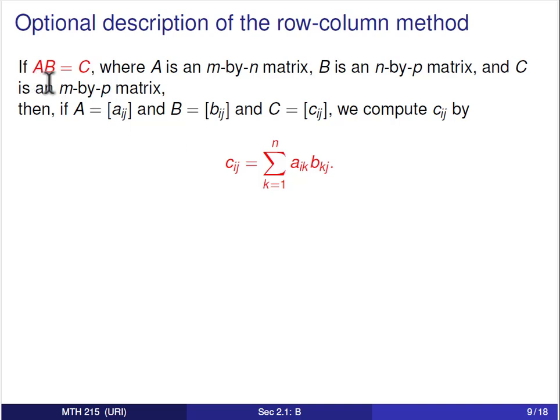If we know that matrix A times matrix B equals matrix C, and if we use the little a, little b, and little c to indicate the entries of A, B, and C, then to figure out a particular entry of C, namely the entry in row i, column j, what we're going to want to do is multiply numbers from row i of the matrix A and column j from the matrix B, and the number of things there will be as many numbers as there are columns in A. That number is n, remember?